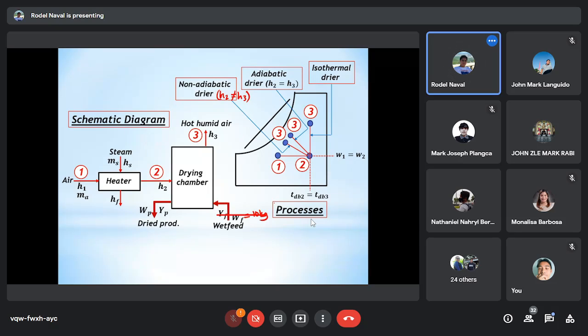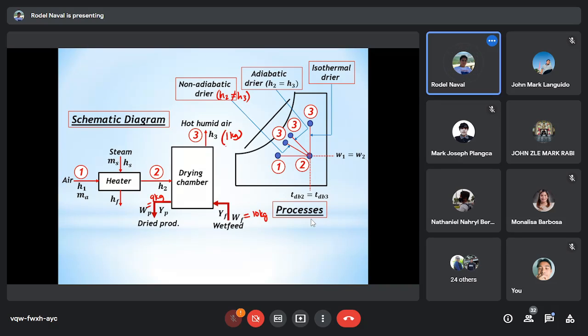Sample lang. And then when it comes out, it becomes only 9 kilograms. So the moisture carried by the air is 1 kilogram, because 10 became 9. So the moisture which is carried by air is 1 kilogram.